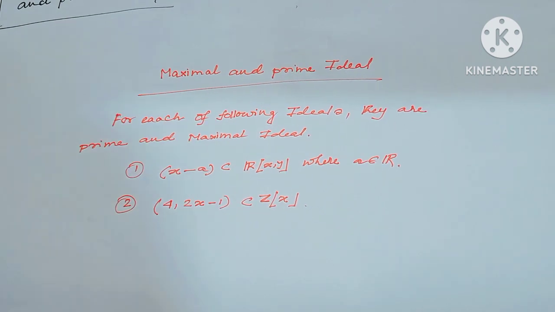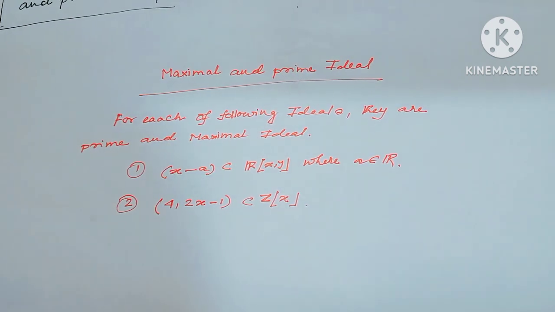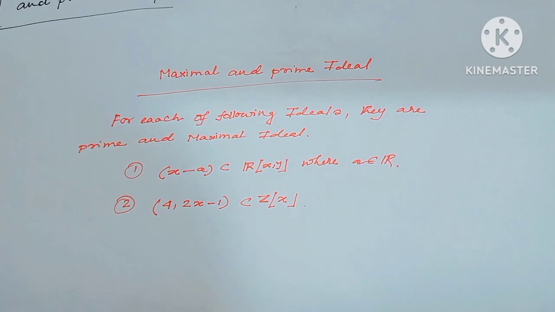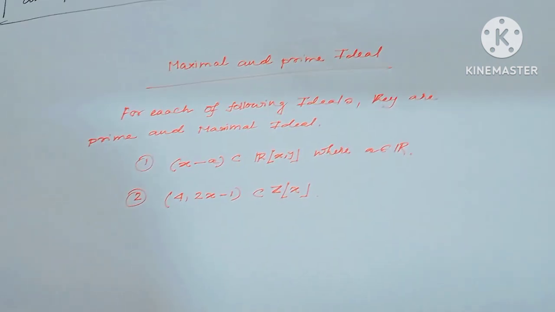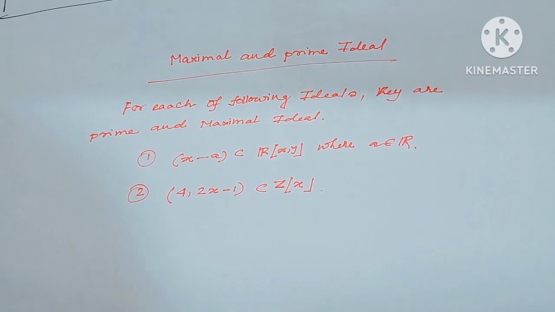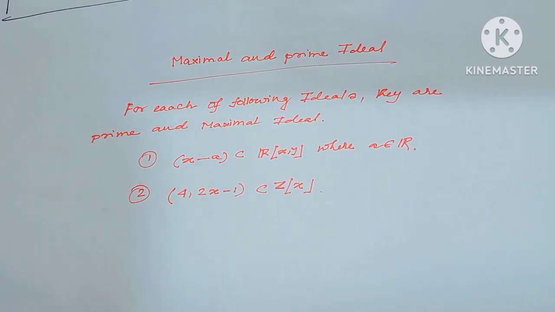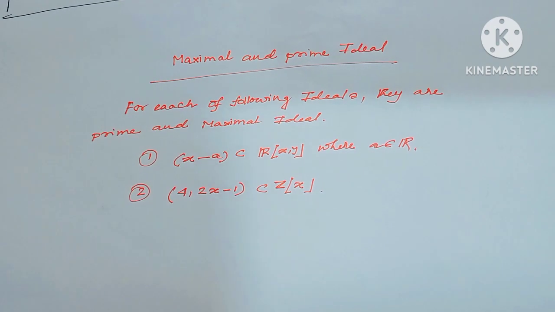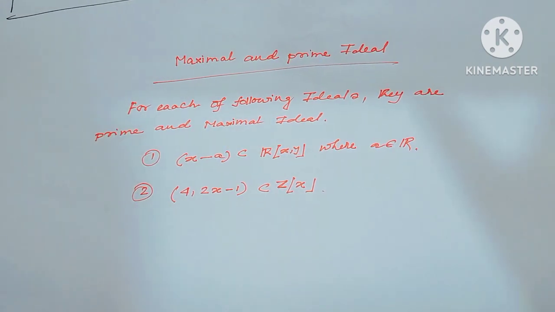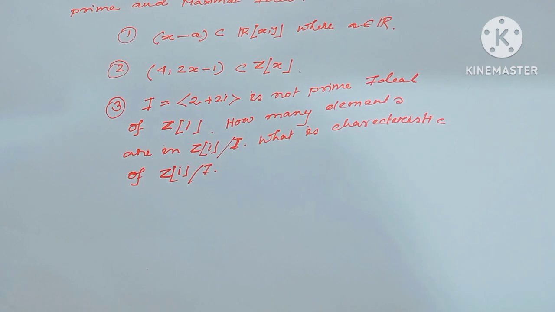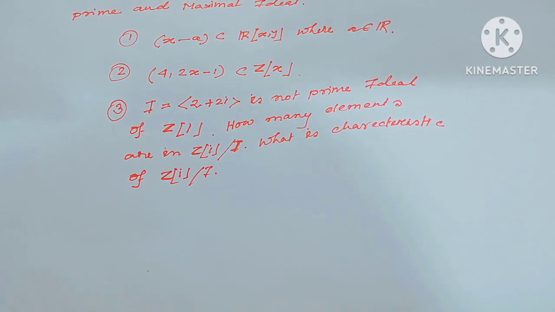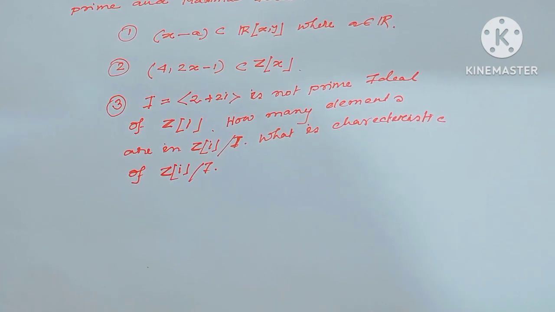Option 1. The polynomial x minus a contained in R[x,y], where a belongs to R. Option 2. The ideal generated by 4 and 2x minus 1 contained in Z[x]. Option 3. I will see the ideal generated by 2 plus 2i.